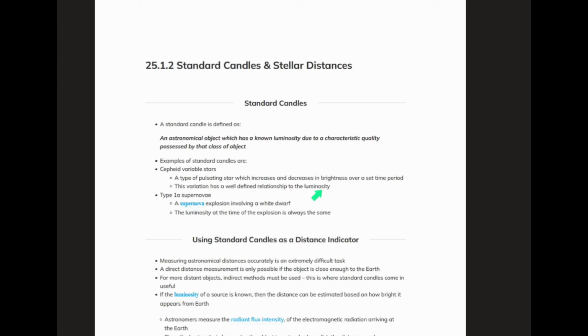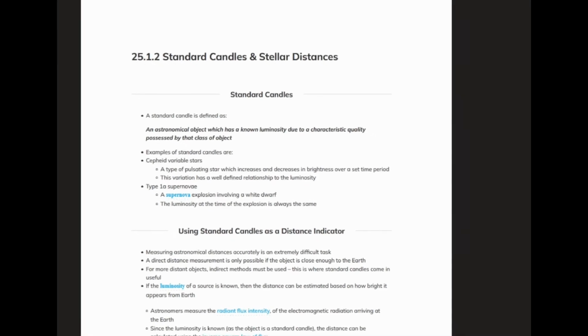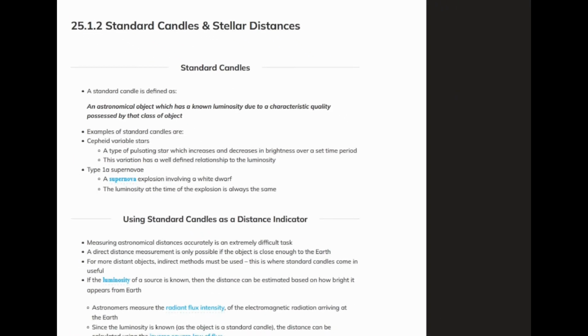So that means we can figure out the luminosity because it is getting bright and not bright in a particular period. Let me draw out a graph to let you imagine. The scientists look at the star. Of course, when we look at it, maybe we just sing a song only.